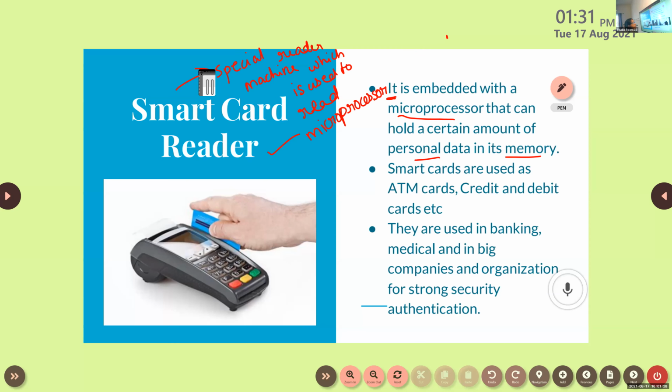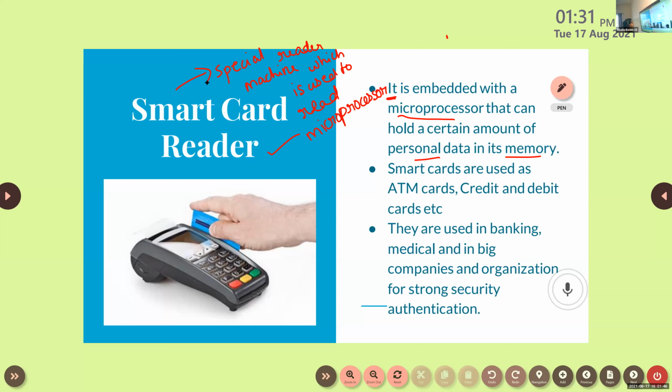That is what is known as smart card reader. So in a smart card, you know that a microprocessor is embedded in which a certain amount of our personal details are stored in its memory, and the machine which is used to read this microprocessor is known as smart card reader.